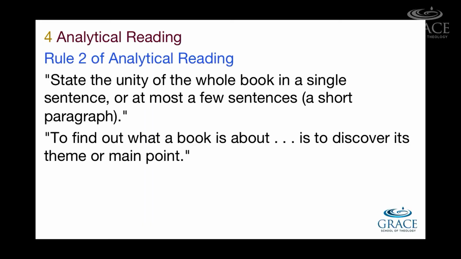So you can construct subject-complement statements for every paragraph in the book. And then you start tying all that together and come up with a single statement that would cover the whole book. To find out what a book is about is to discover its theme or main point.